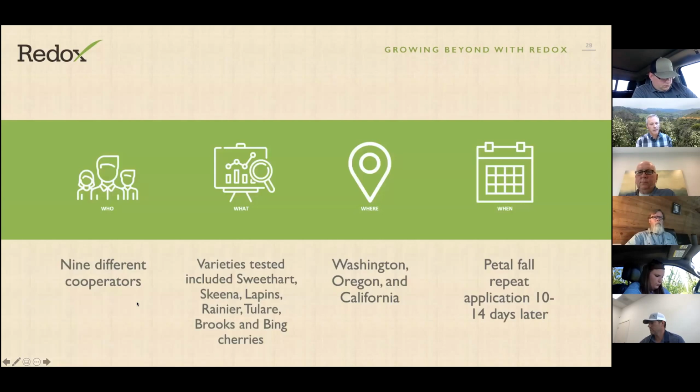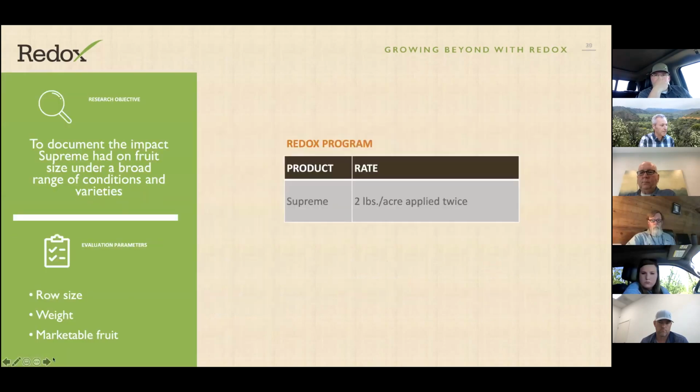So we had 9 different cooperators in this trial. Washington, Oregon, and California were their locations. Applications at petal fall, and then again 14 days later. So we're looking at fruit size essentially on cherries, and this is what the result was.